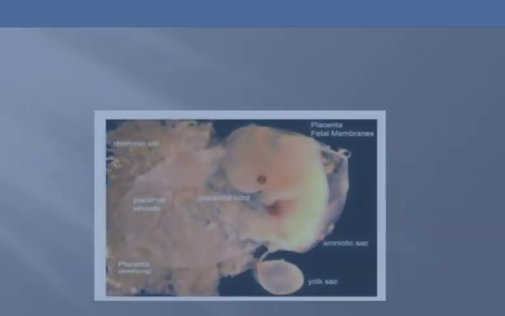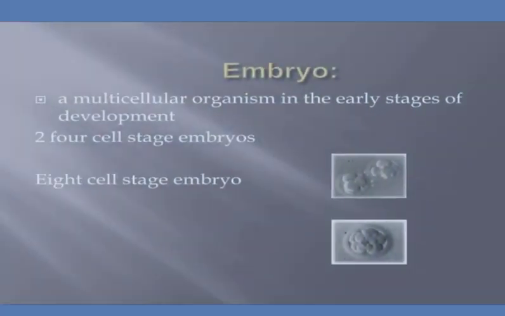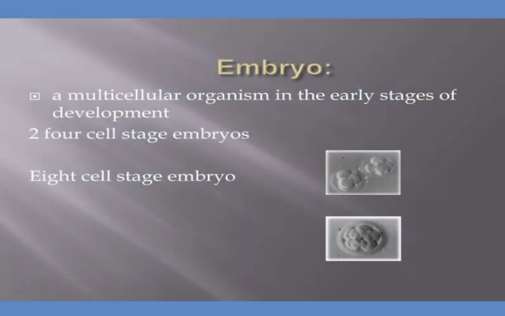Then the next part of our lecture, that is embryonic development. A multicellular organism in the early stages of development is known as an embryo. In this slide, we can see the 4 cell stage of the embryo and the 8 cell stage of the embryo.